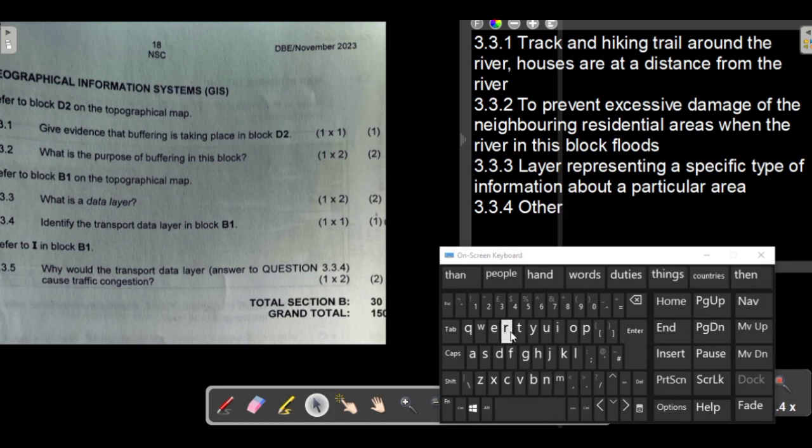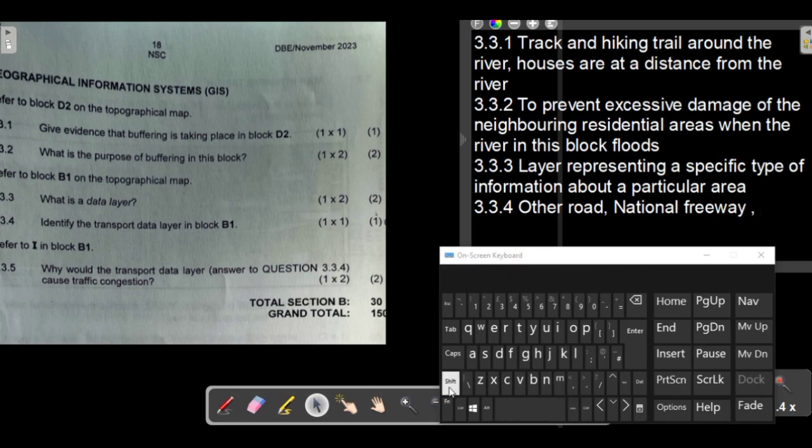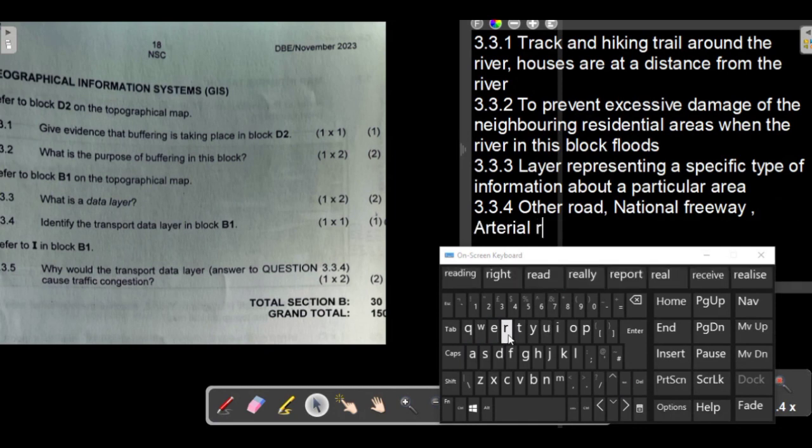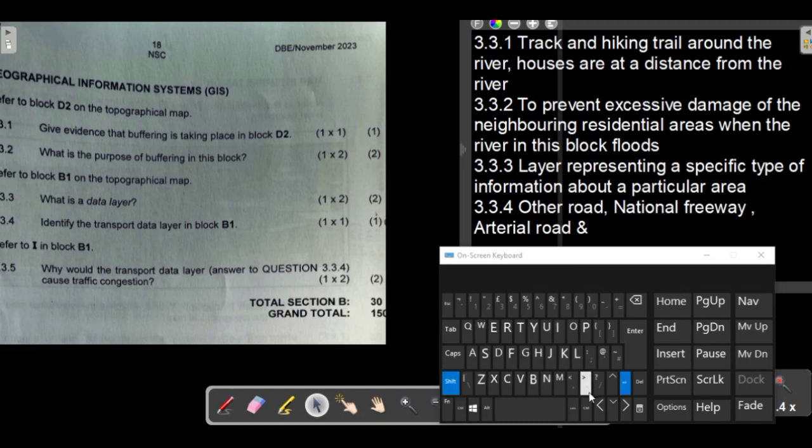So other road. How many marks? It's just one mark. National freeway. Arterial road. And what's the other one? Did we say?